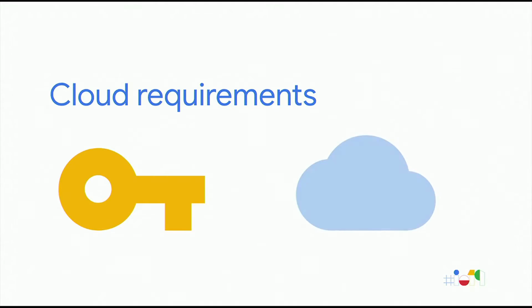But let's talk about first what we need to think about when we choose a cloud. There are a lot of options out there, and I think a lot of them will probably satisfy what we're going to do today. But there are two big things that you want to think about. First is security, and the second is scale. So security is always important in IoT.